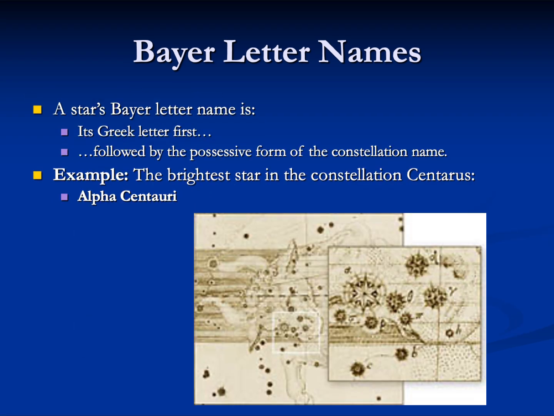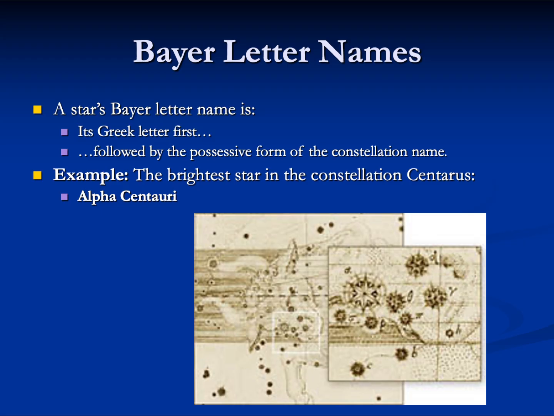In addition to the Greek letter, the star has to get another designation to tell you which constellation it's from. This is because every constellation has an alpha and a beta and a gamma star and so on. So the Greek letter is like the star's first name, and the possessive form of the constellation is like the star's last name.